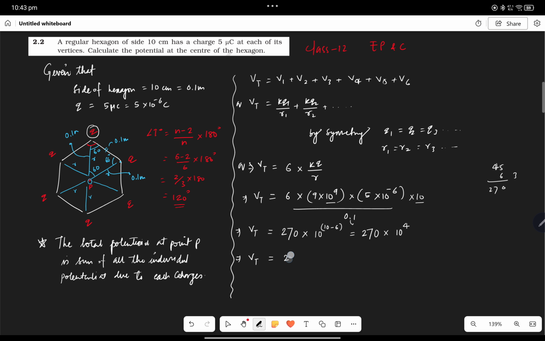Vt is equal to 270 into 10 to the power 4, and you can write this value as Vt is equal to 2.7 into 10 to the power 6, and the unit of potential is volt, right? So this is the answer that you're going to get. So this is your correct answer.